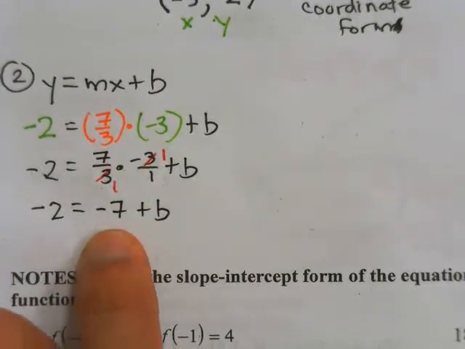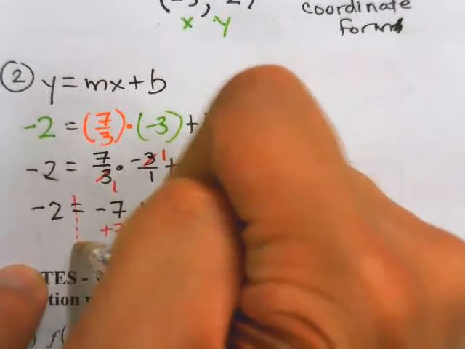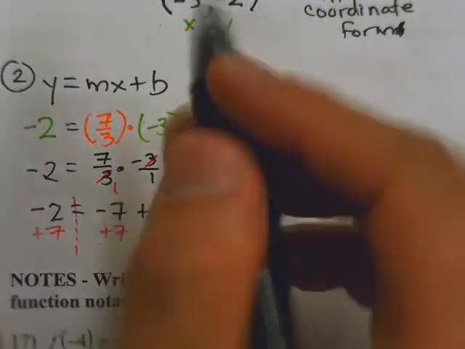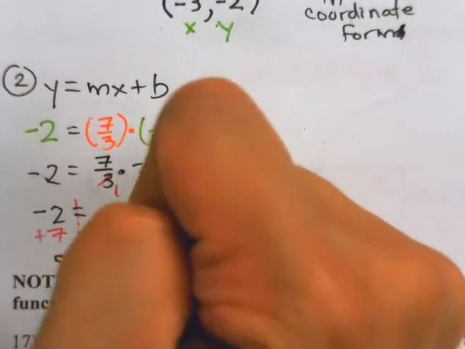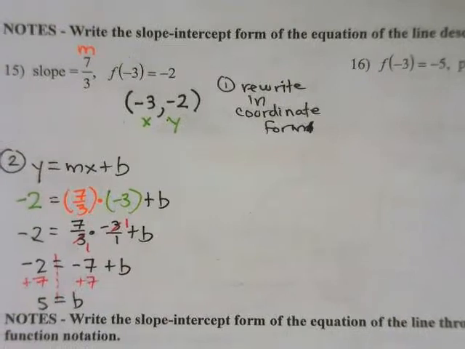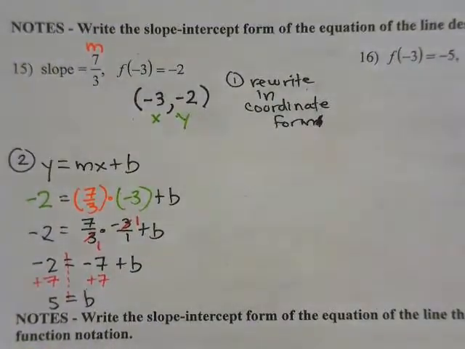Students, what is the undo of -7? Plus 7. Plus 7 on both sides. So your y-intercept is equal to 5. So there's really nothing too new over here. It is just that now our points are rewritten in function notation, which is equal anyway to a coordinate form. We're not done.